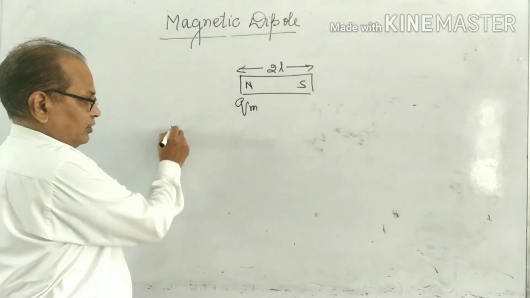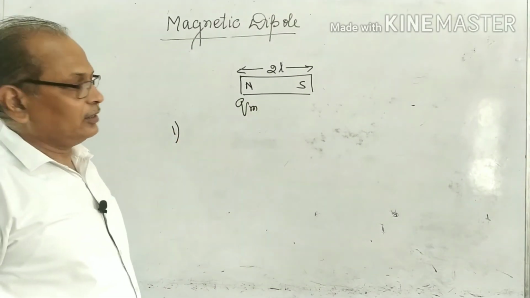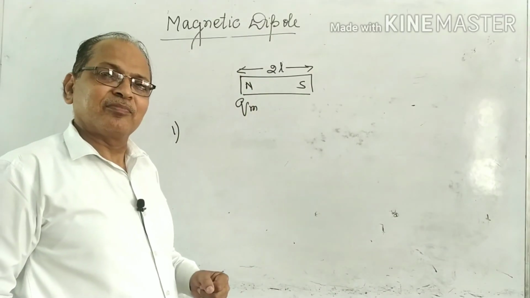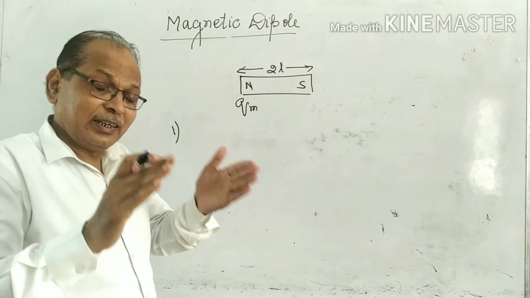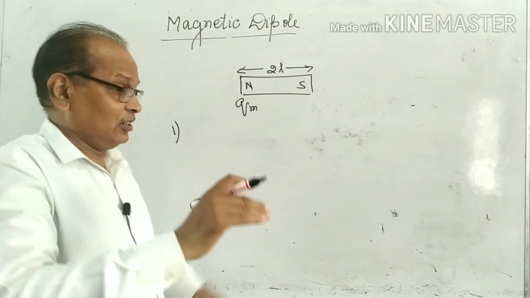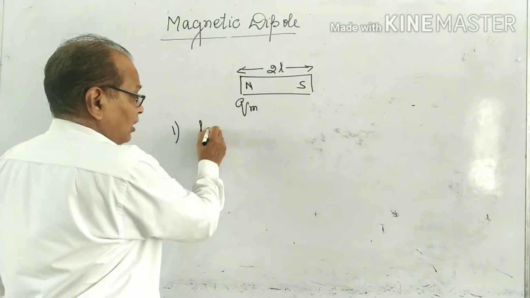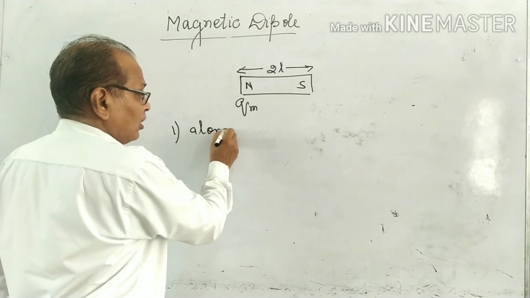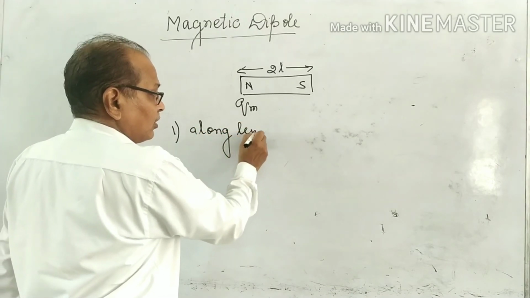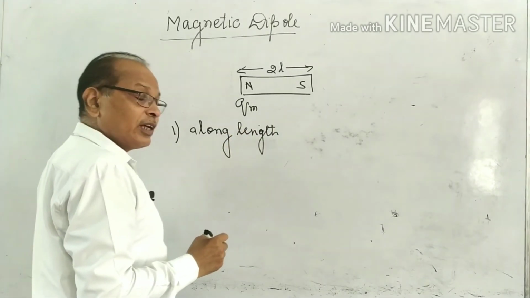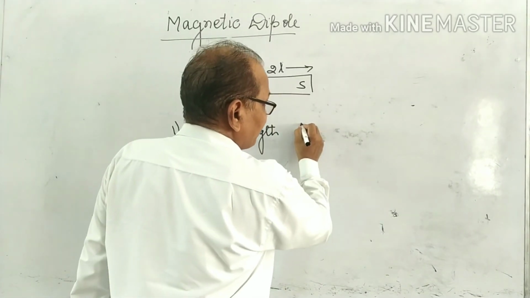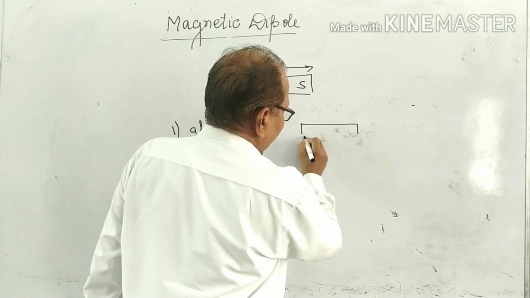Now first, if you cut this magnet along the length, the shape will be like this.